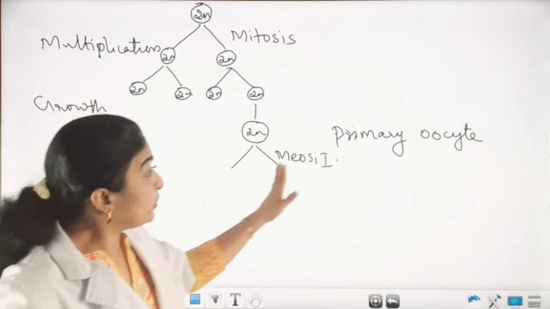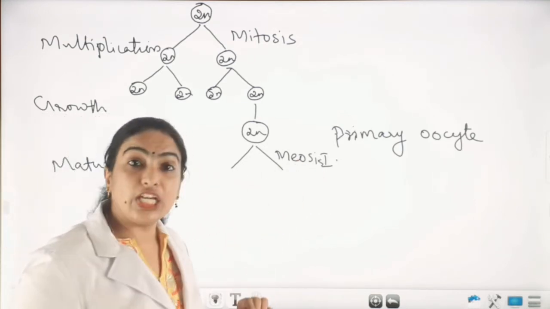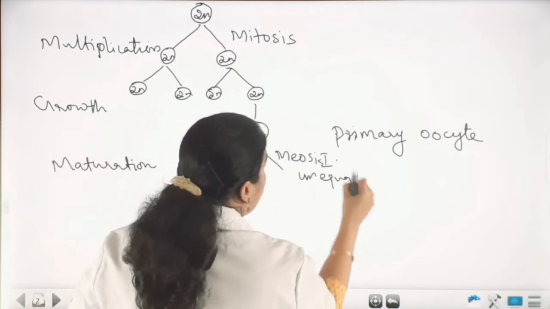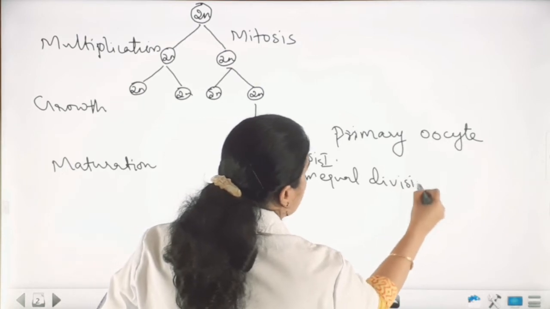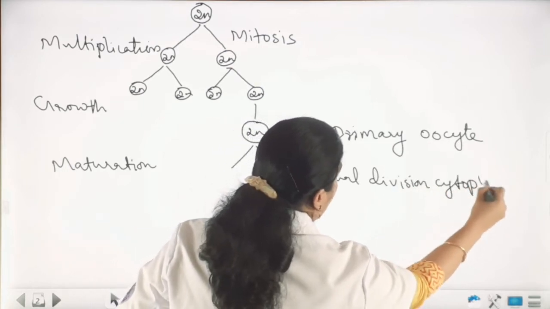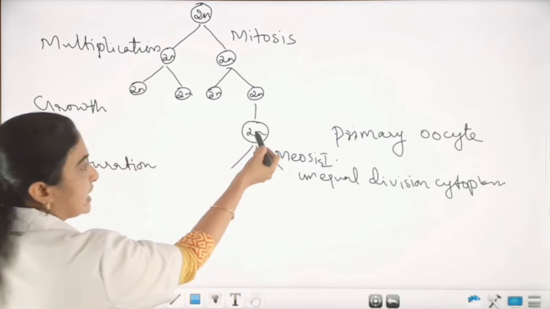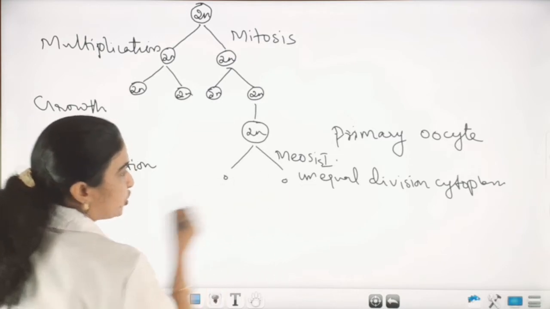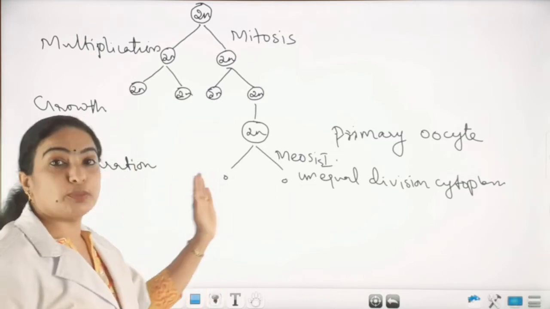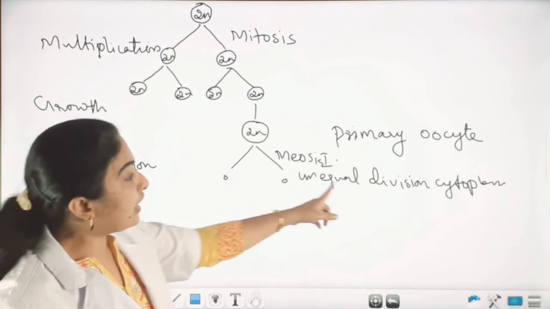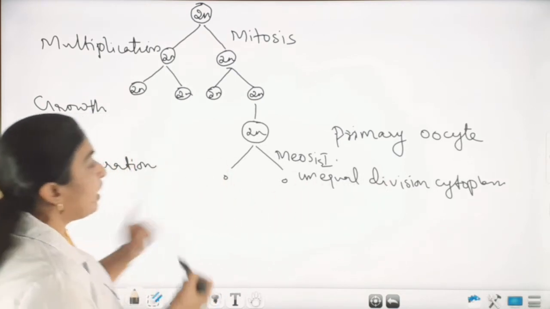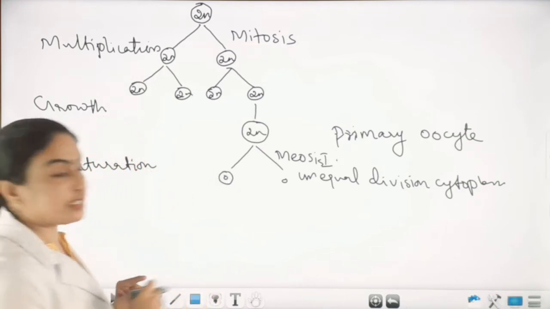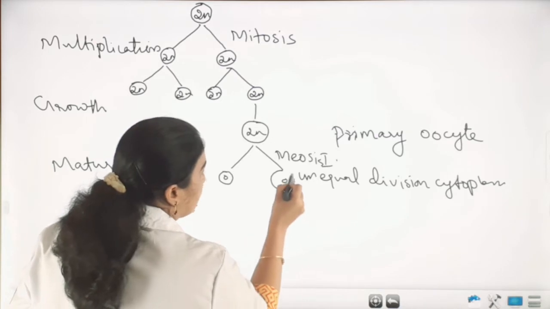one more thing I want to tell you, this meiosis 1 is an unequal division. It's not an equal division, this is an unequal division of cytoplasm actually. Here, this cell divides, this is only reduction division. So first the nucleus divides into two, then the cytoplasm needs to be distributed equally. But due to the unequal division of cytoplasm, this cell gets only less or minimum cytoplasm, and this will get complete cytoplasm.